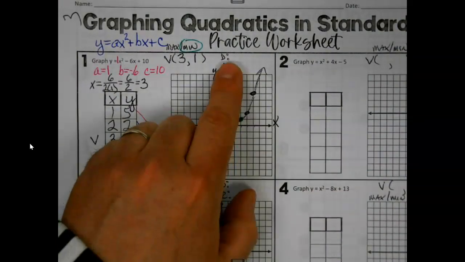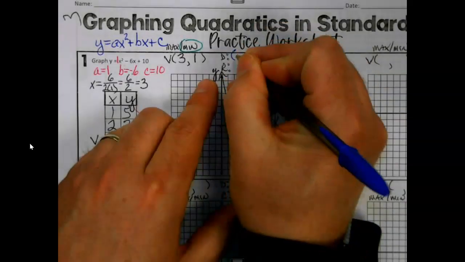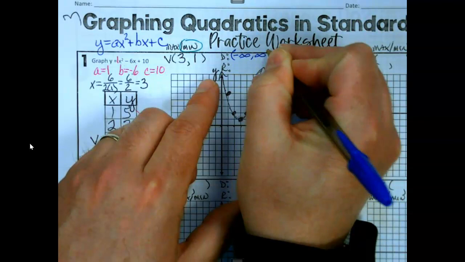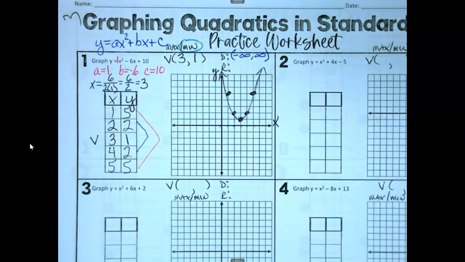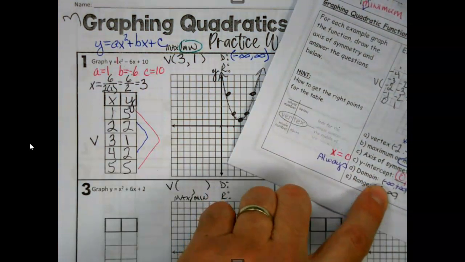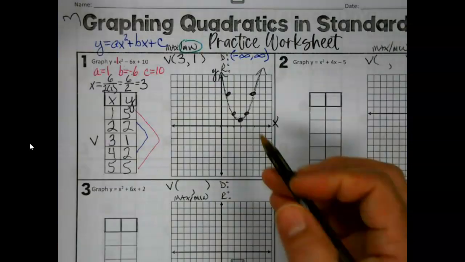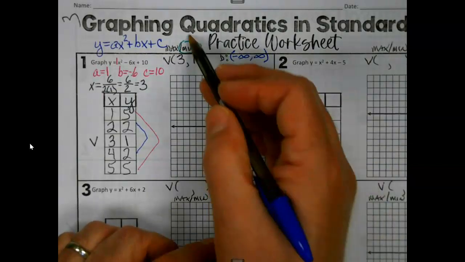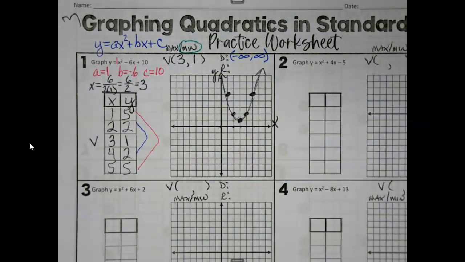Okay, so our domain here, this is the easy one on every single one of these. Every single time. No exception. Your domain is always infinite because they're always going forever to the left and to the right. The arrows tell us that.